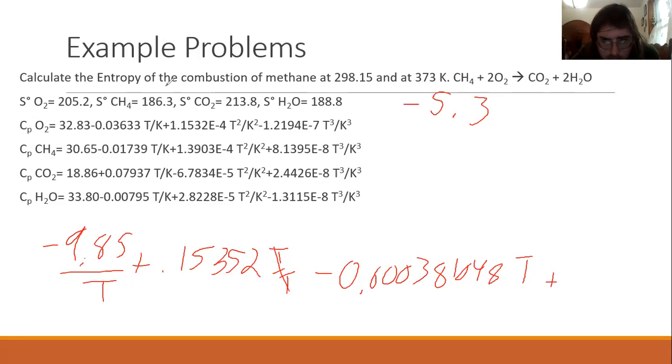Positive 1.6068 times 10 to the negative 7th T squared.